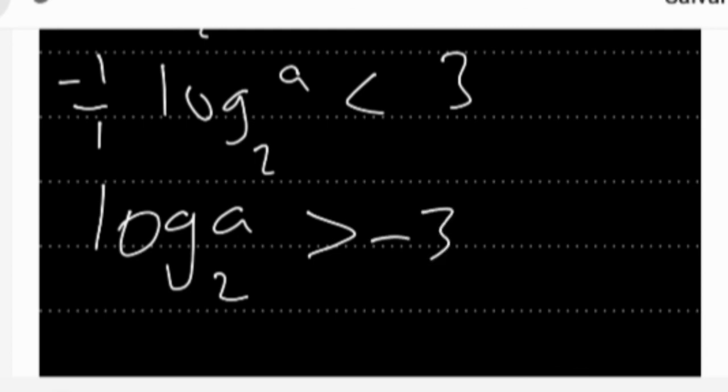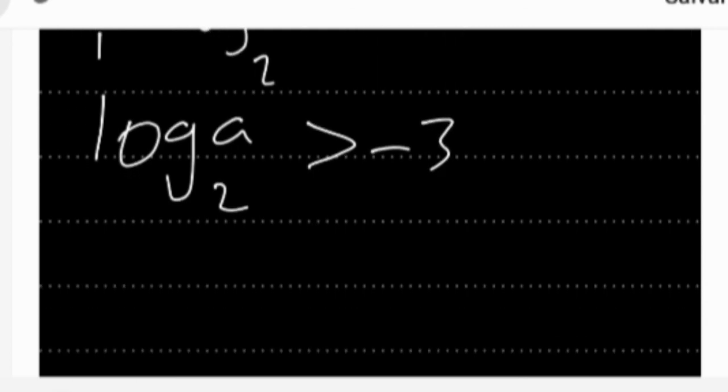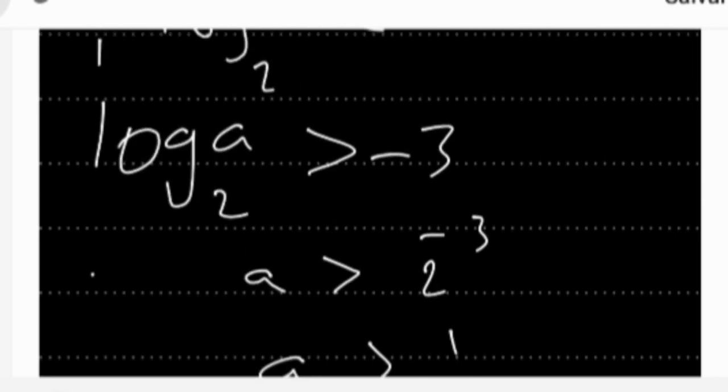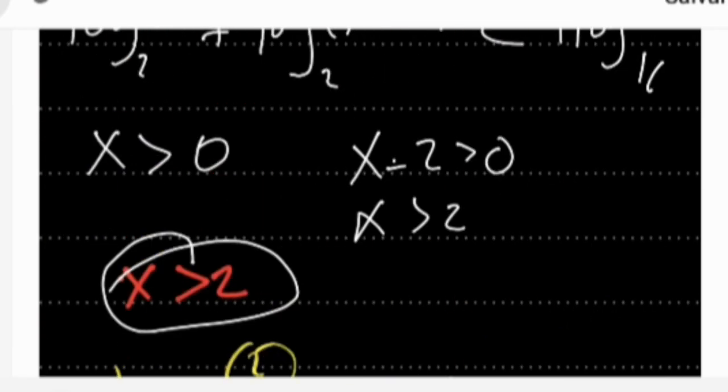So a must be bigger than 2 to the minus 3, and a is bigger than 1 divided by 8, okay? So just remember to change this inequality if it shows up.